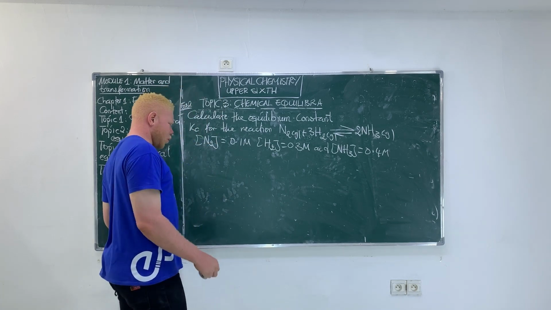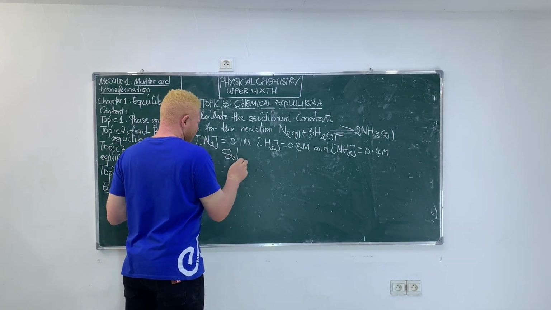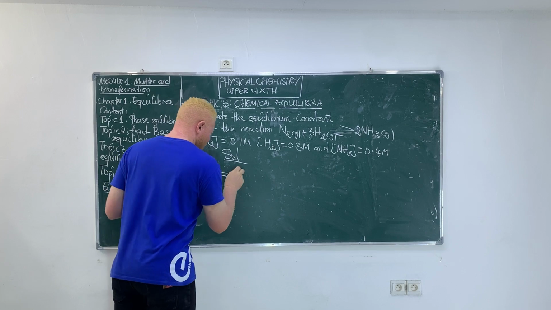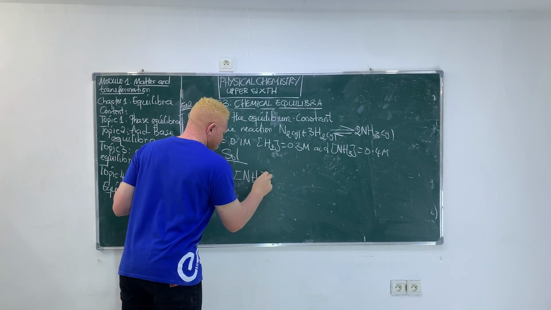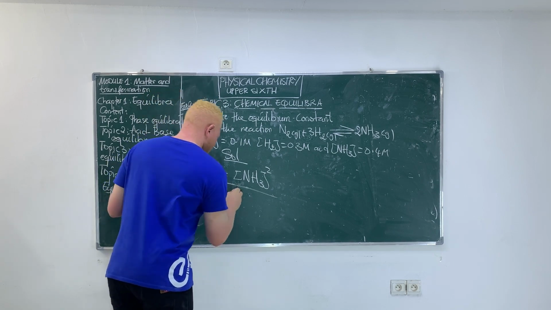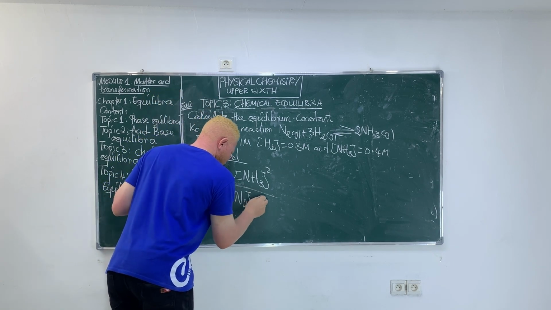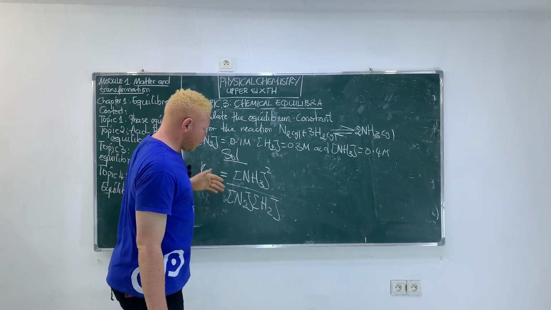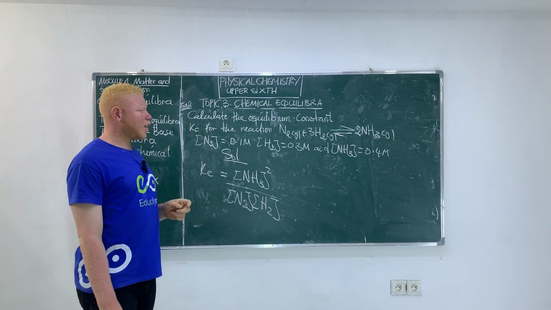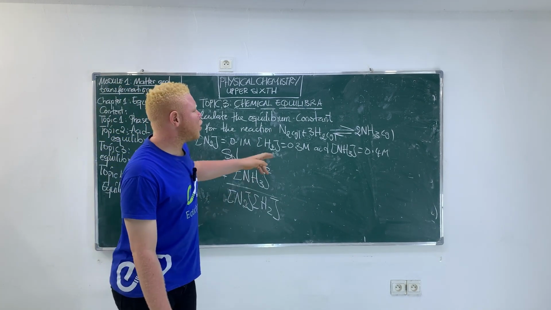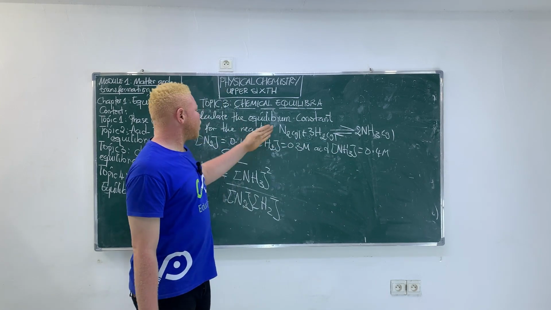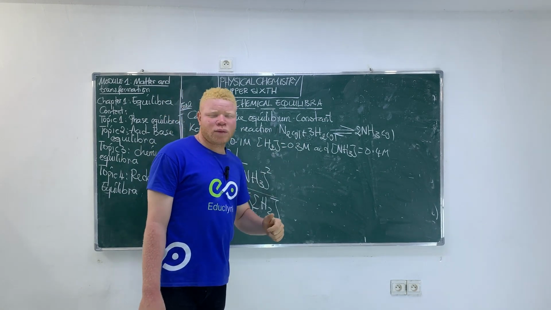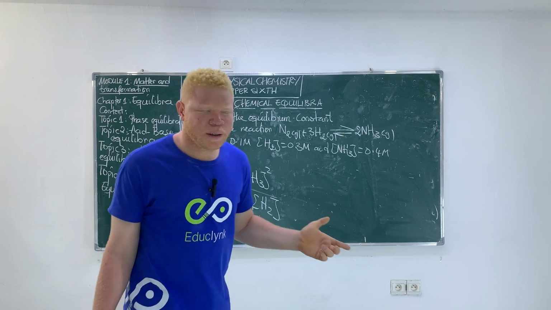Solution: Kc equals the concentration of the product, so I have the concentration of NH3 squared divided by the concentration of N2 times the concentration of H2. But something is wrong in my expression. The coefficient of ammonia is 2, the coefficient of N2 is 1, and the coefficient of H2 is 3. So here we put 3.